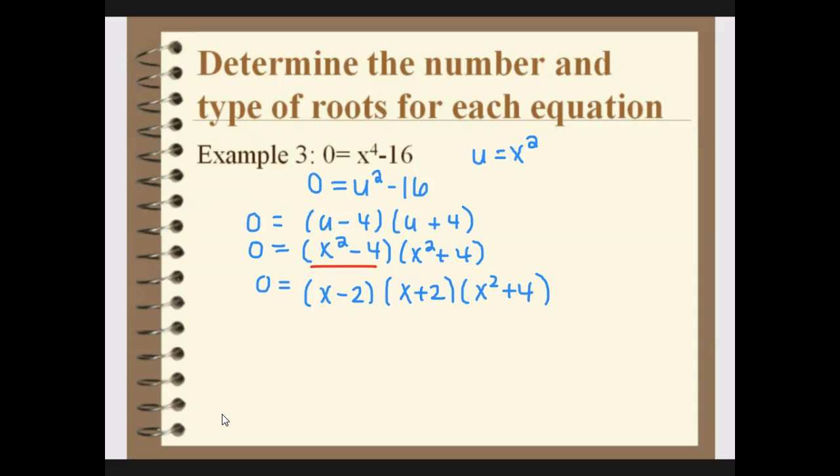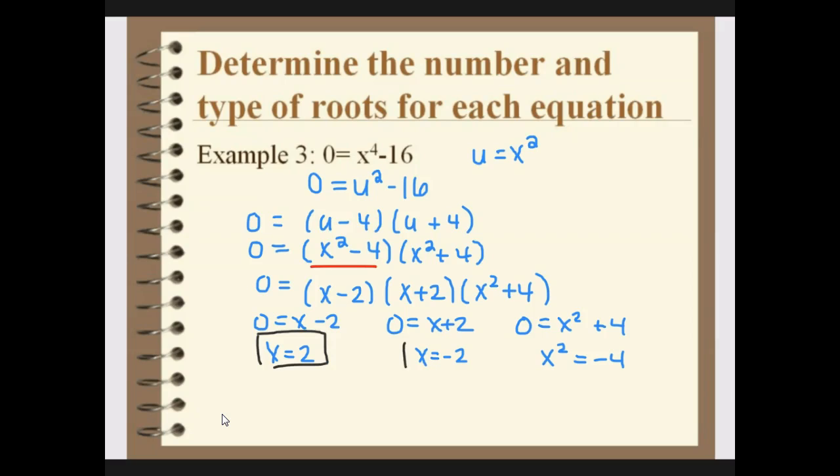And now we're in factored form, so you're going to set each root equal to 0. So I get x equals 2, x equals negative 2.